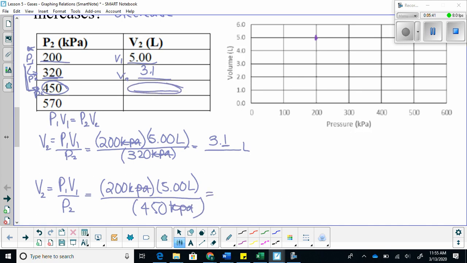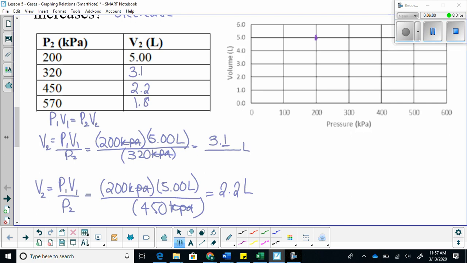That'll give us this value here. Yes. Yep. Okay, again, we only want to round to 1 decimal place because it makes it easier for us to graph. This gives me 2.2 liters. So I will put that there. Last one, I want you to calculate on our own, and then we will draw this graph. Okay, if you continue to do the same step, you will get 1.8 here.